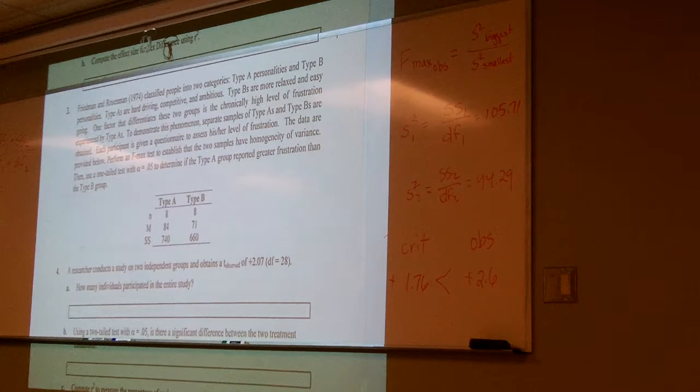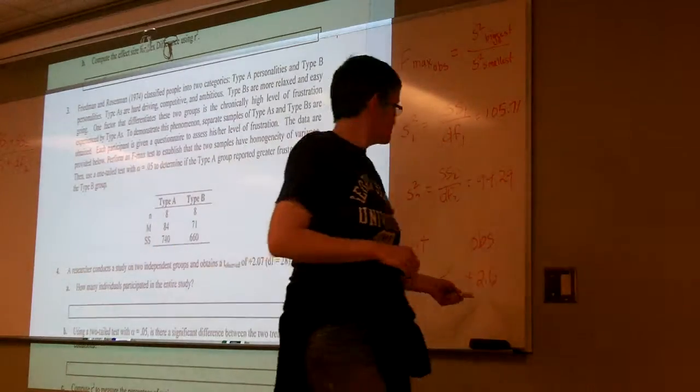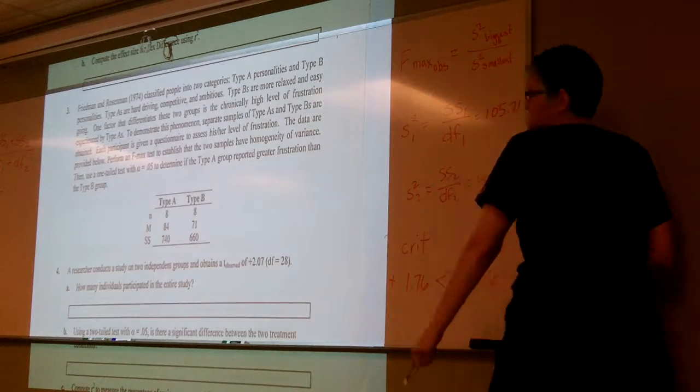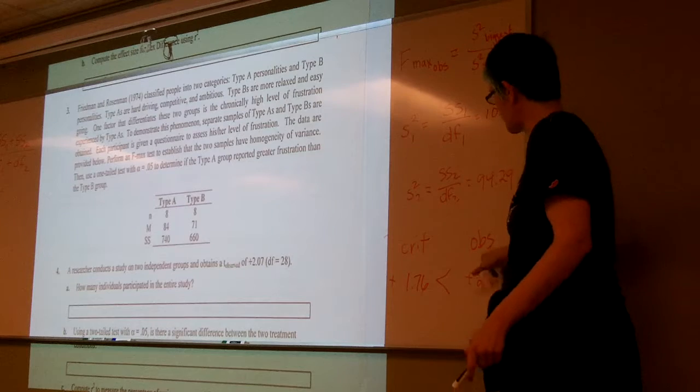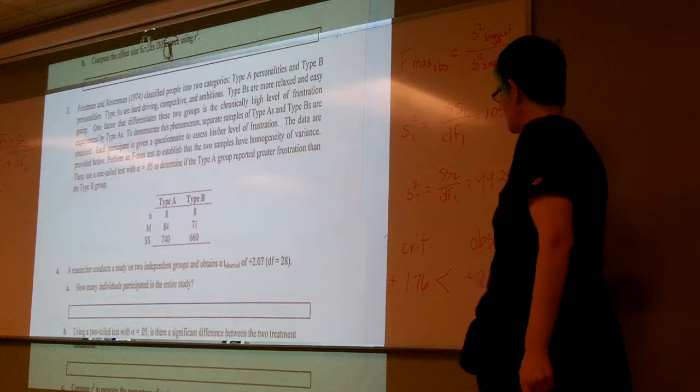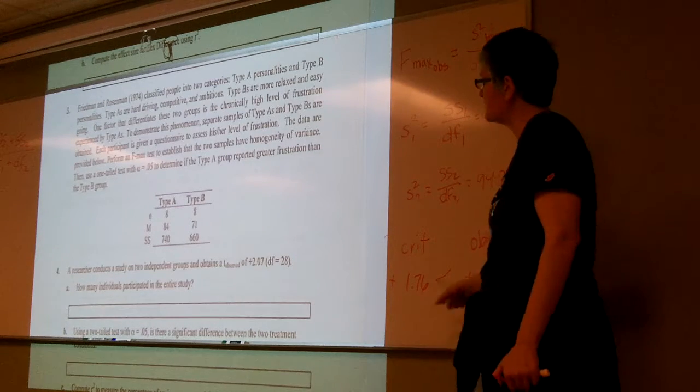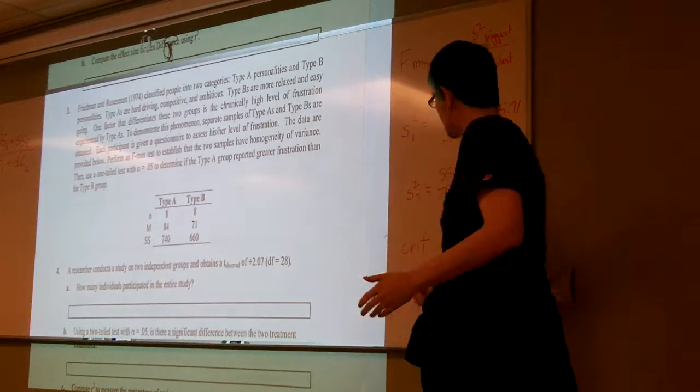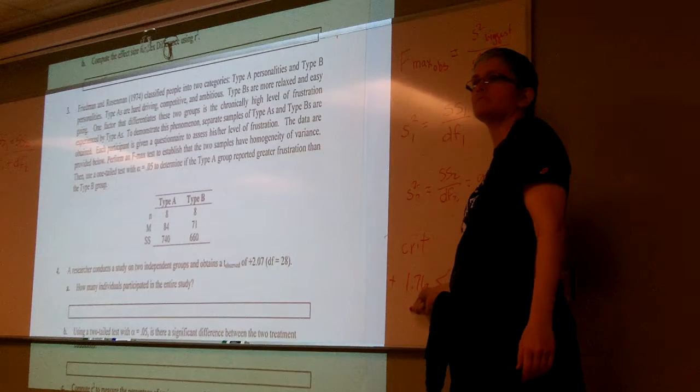So then, do type A's have more frustration than type B's? Significantly more frustration than type B's? Yes. Type A's have significantly more frustration than type B's, because this difference right here, the observed value comparing those two samples, is beyond the cutoff for whether or not it's significant.